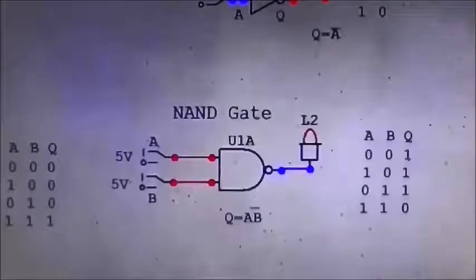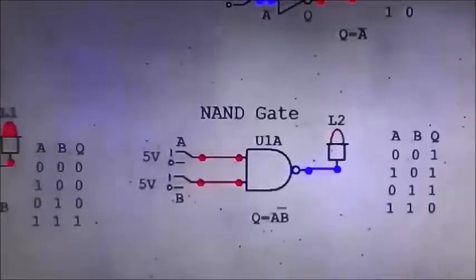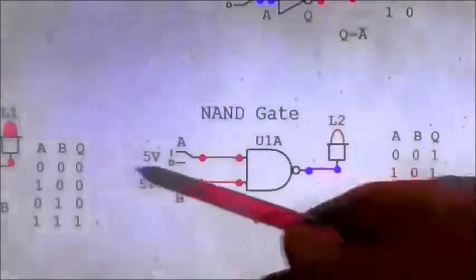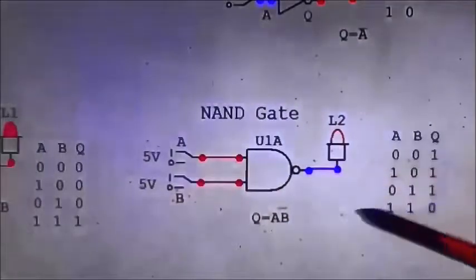So it does exactly the opposite of the AND gate. If we remember the truth table for the AND gate, and I'll just roll over a bit so we can actually see it, there's the truth table for the AND gate, and you'll see that it's exactly the inverse.